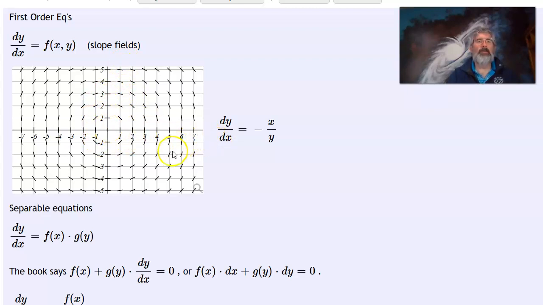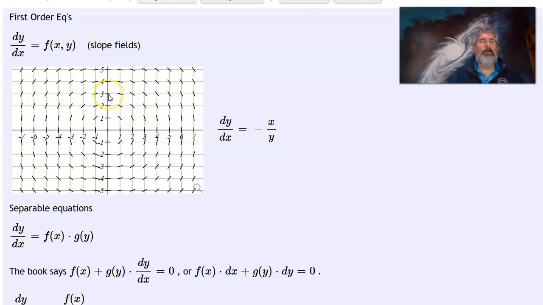For instance, the graph shown here is for dy/dx equals minus x over y. At the point (2, 2), x is 2, y is 2, so dy/dx is minus 1, and at that point I put a little hash mark with slope minus 1.